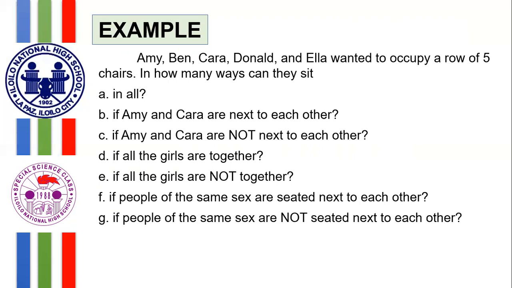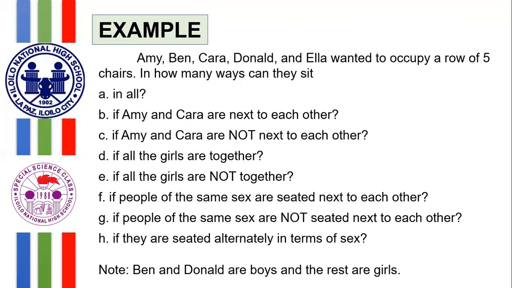And for letter H, if they are seated alternately in terms of sex. Note that for this problem, we assume that Ben and Donald are the boys, and the rest of them, namely Amy, Kara, and Ella, are the girls.